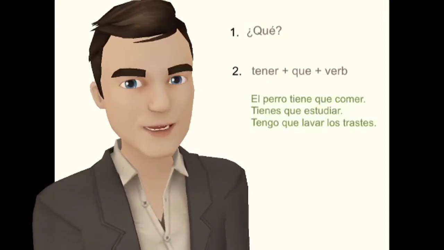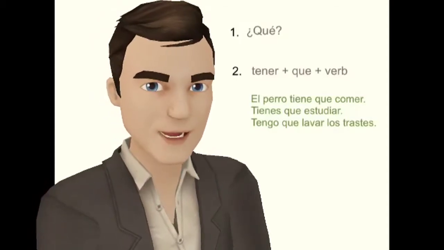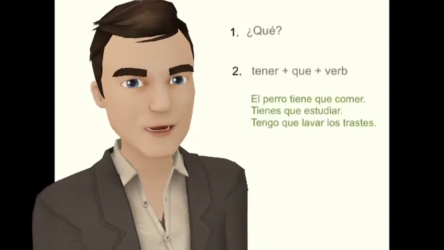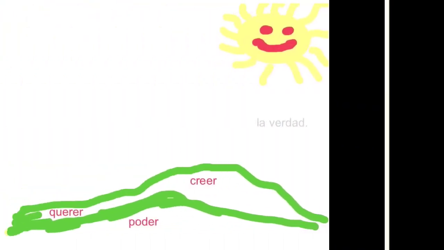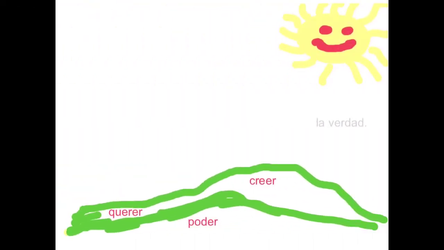There is a third way that que can be used. But before I teach you that, let me tell you a story. In Verbland, all was peaceful. The verbs knew their place.